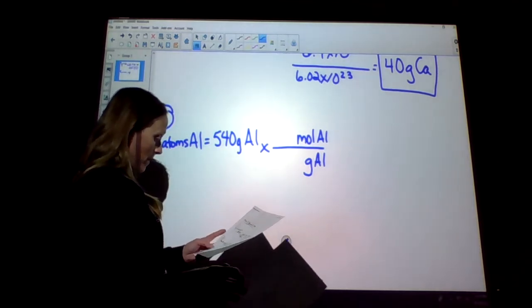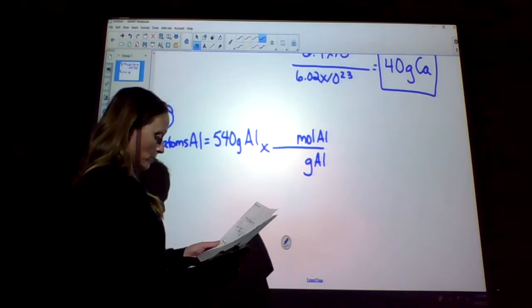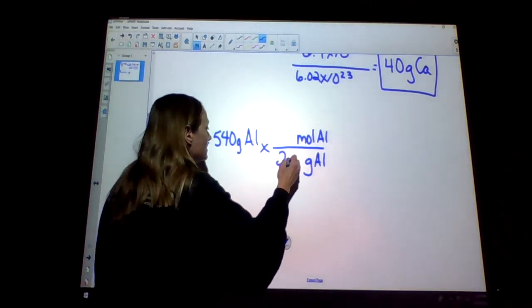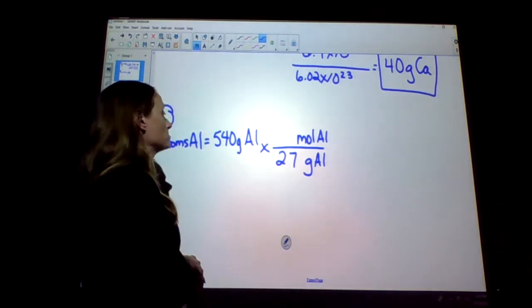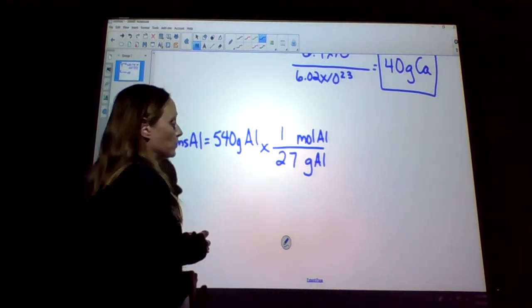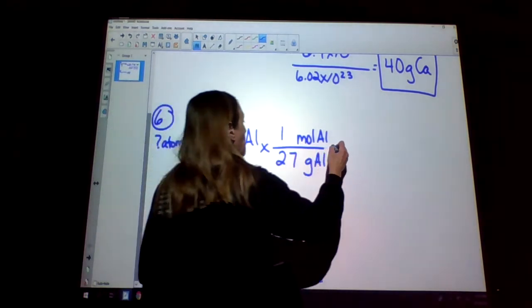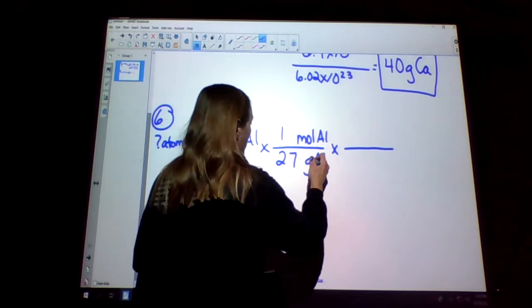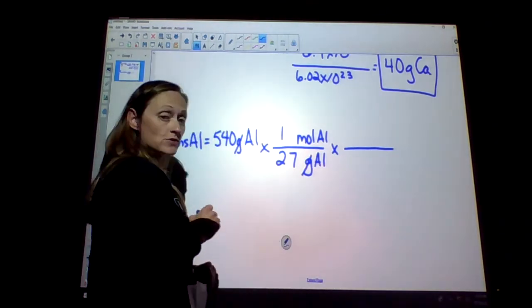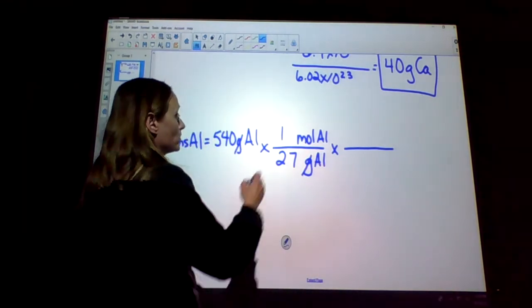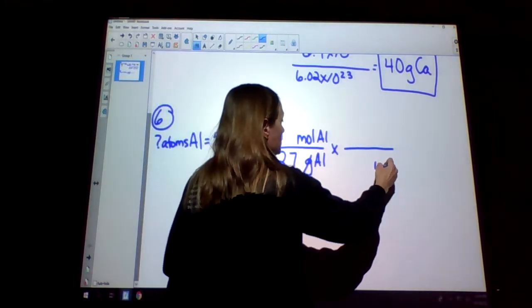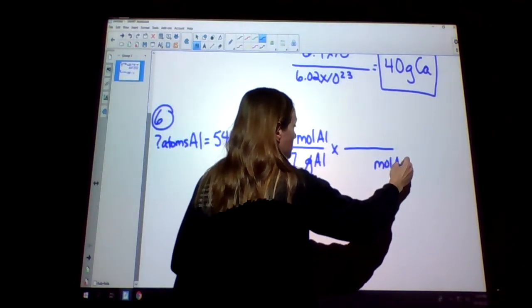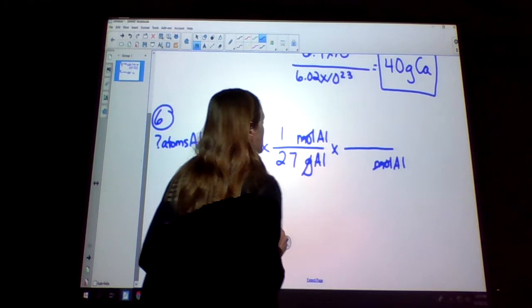So I look up the mass of aluminum and I round it. It is 27 grams. Okay. And I'm always going to put 1 mole there. So now your grams have canceled. If we want moles of aluminum to cancel, moles will go down here in the bottom. So now your moles will cancel.